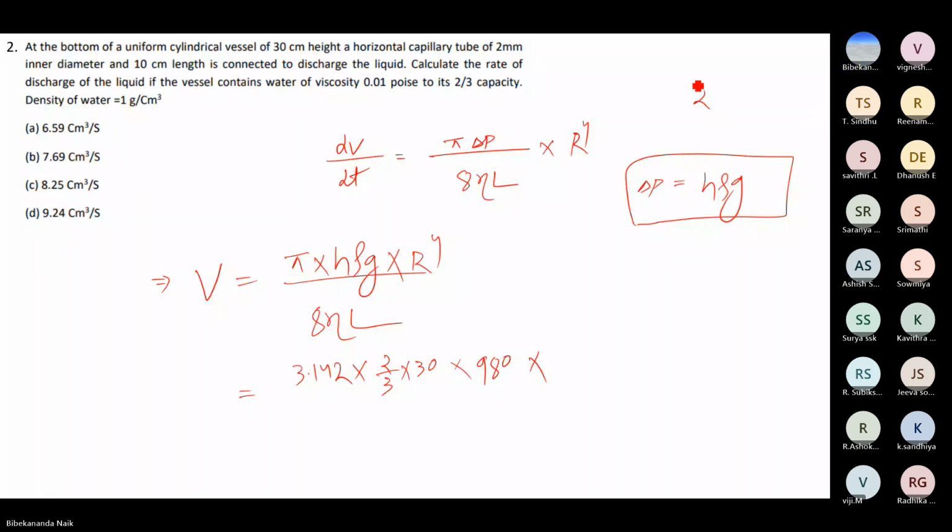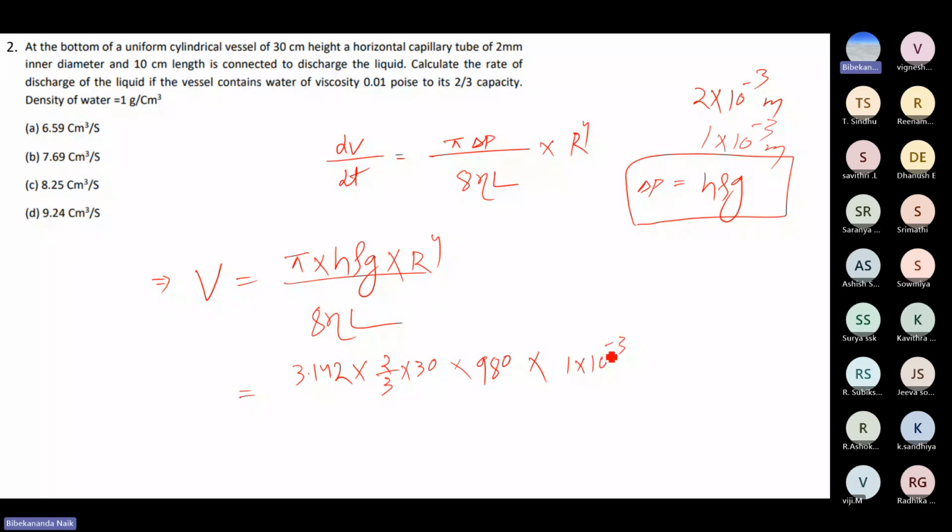So it will be 2 into 10 to the power minus 3 meters. So the radius will be 1 into 10 to the power minus 3 meter.